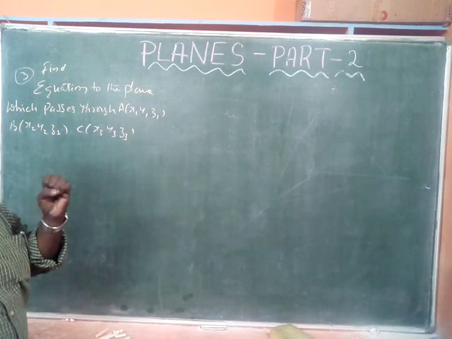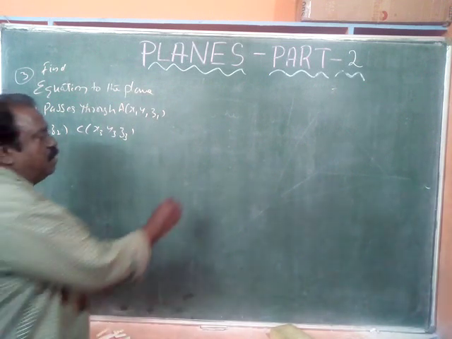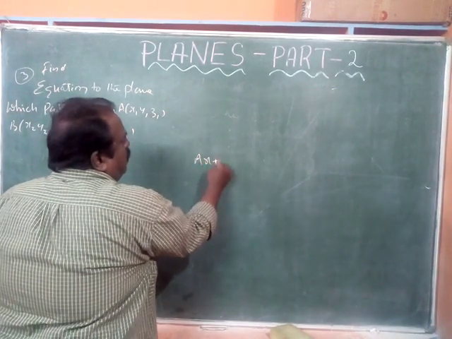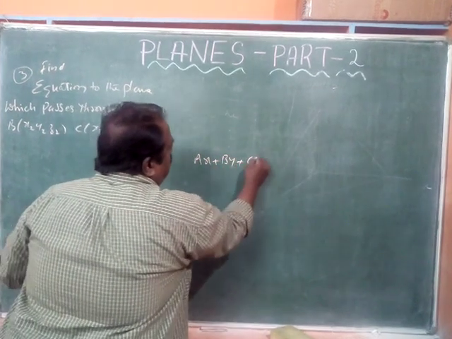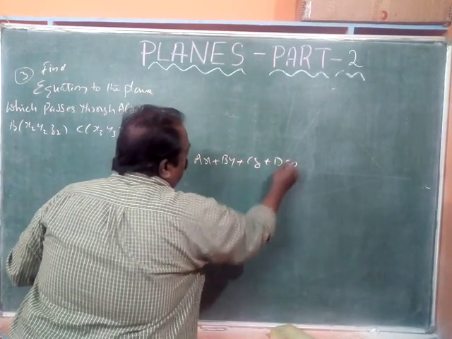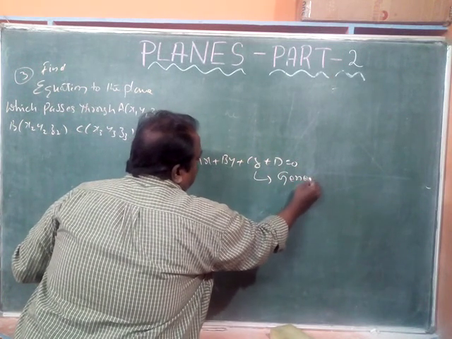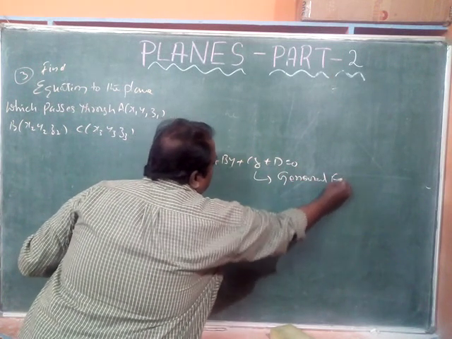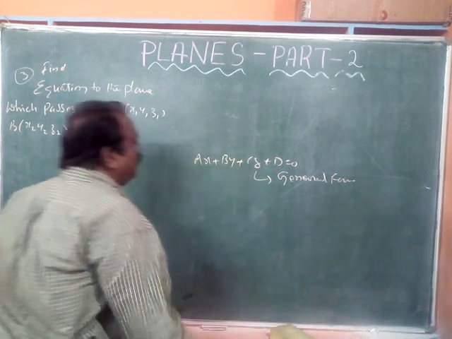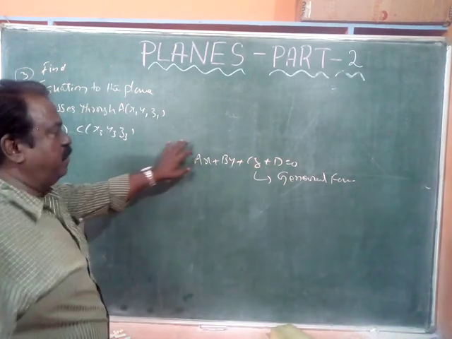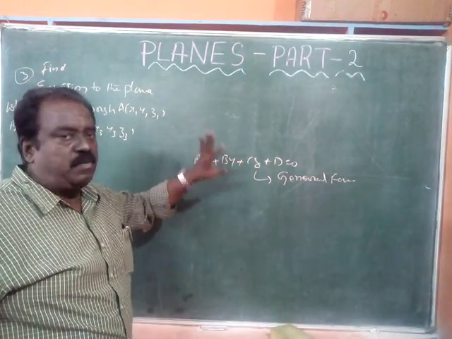First one is ax plus by plus cz plus d is equal to 0, the general form. You name it as the general form. This is the general form, a first degree equation: x power 1, y power 1, z power 1, constant.